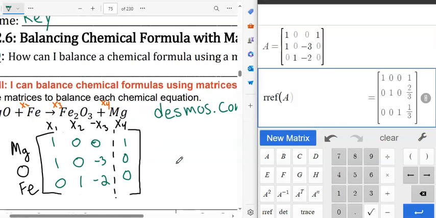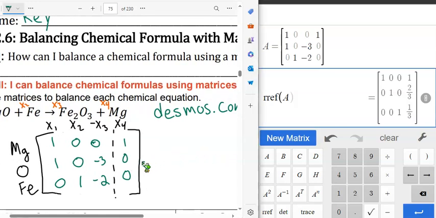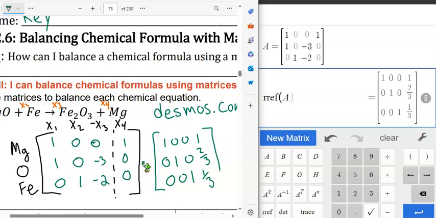So let's go ahead and write out those solutions. Now, the fourth one is not on there because it could be infinitely many things, but what we're looking for is the smallest number of whole amounts to make it balanced.